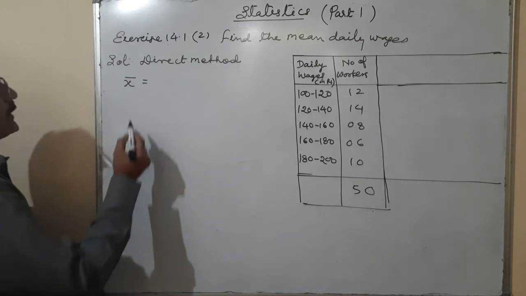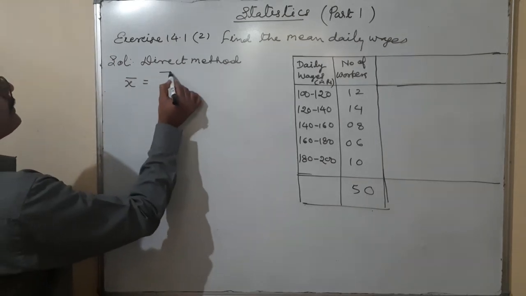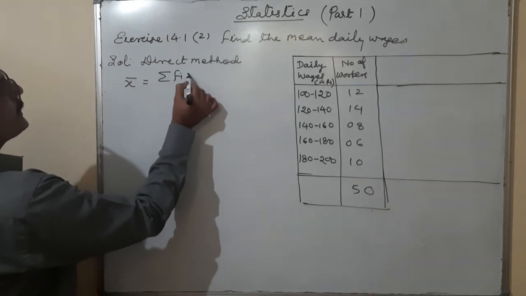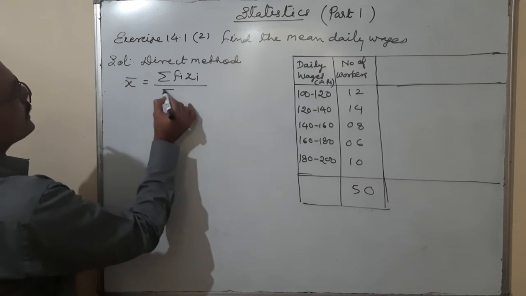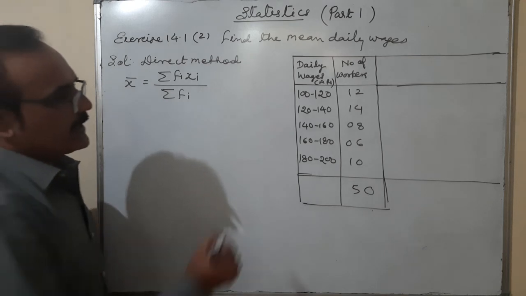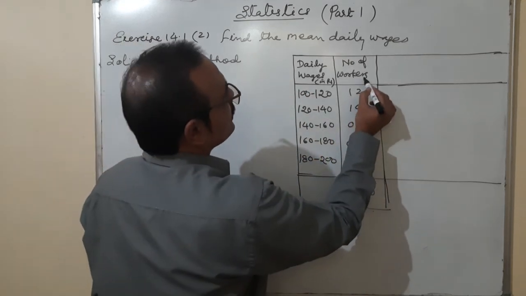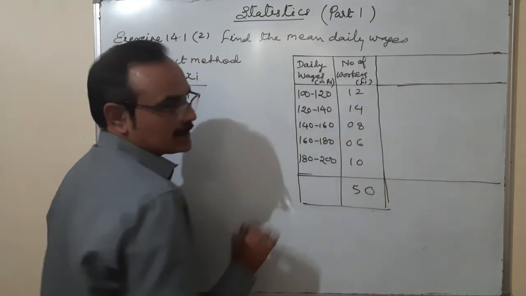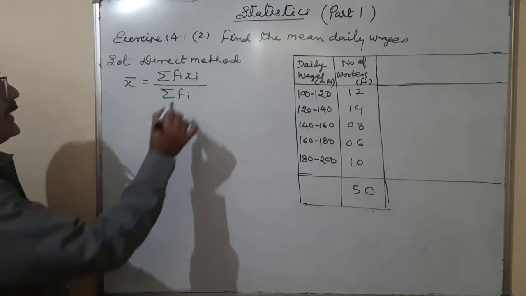So x bar is equal to, for the direct method, summation fi xi upon summation fi. The number of workers, the second column, is the fi column, the frequency column. This is given. We are going to find the xi column.